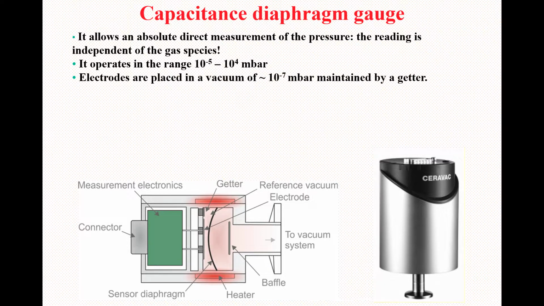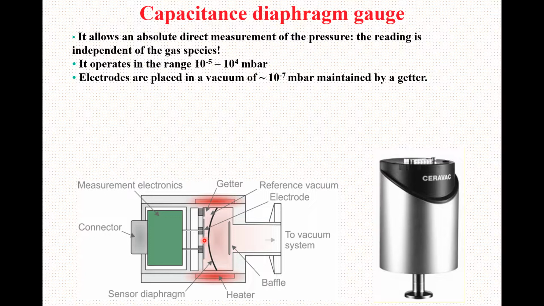Electrodes are placed in a vacuum of approximately 10 raised to power minus 7 millibar. These are the electrodes, and we remember that they can be placed in a vacuum approximately equal to 10 raised to power minus 7 millibar, which should be maintained by the getter.